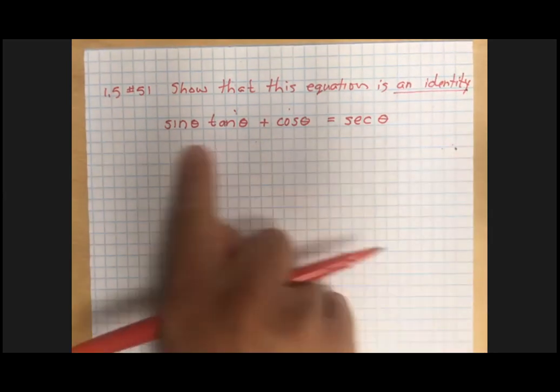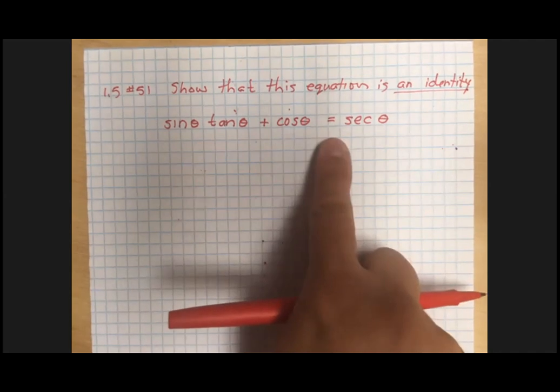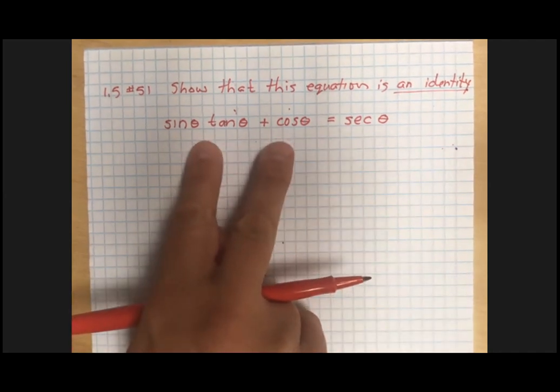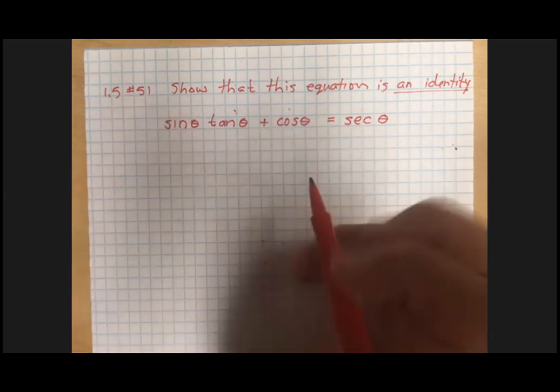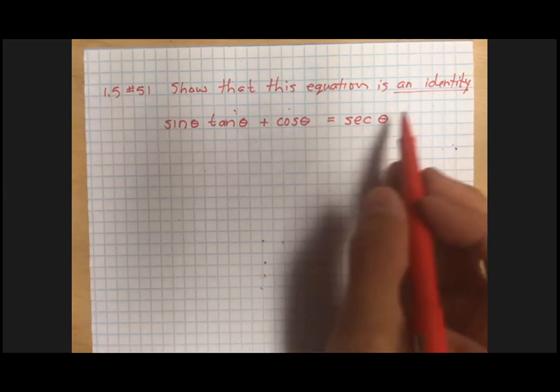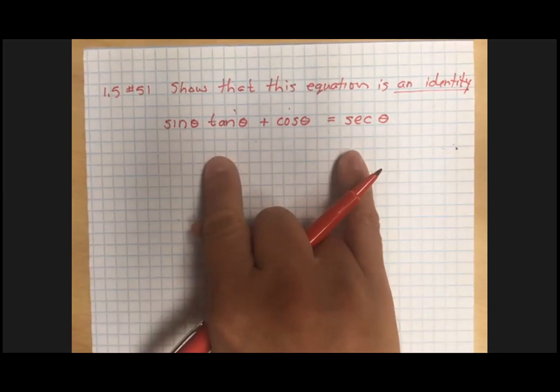So then I'm going to investigate. Okay, someone said these are the same. That means I should be able to simplify this until I get this secant theta. This is from the book, section 1.5, number 51. So if someone tells you that they are the same, then it becomes a game.